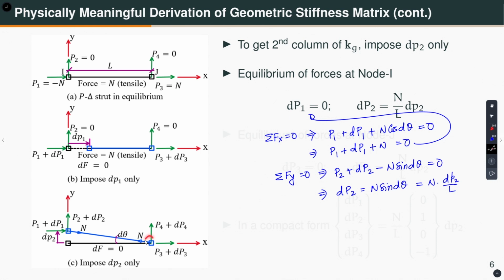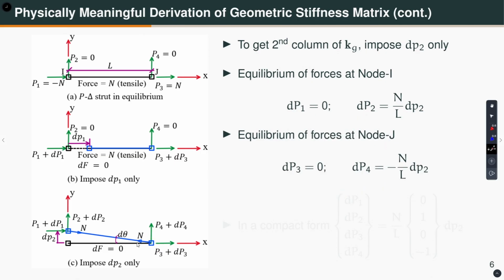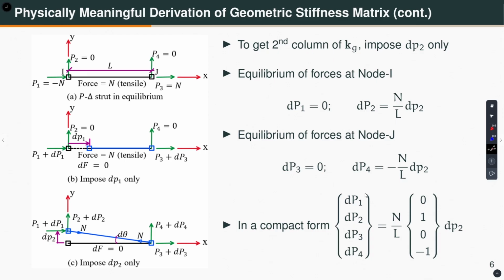Similarly, if you consider the equilibrium of this joint, you would get dP3 equal to 0 and dP4 equal to that. Now if I write them in vector form, dP1 through dP4 is n by L times the vector 0, 1, 0, minus 1, times dp2.